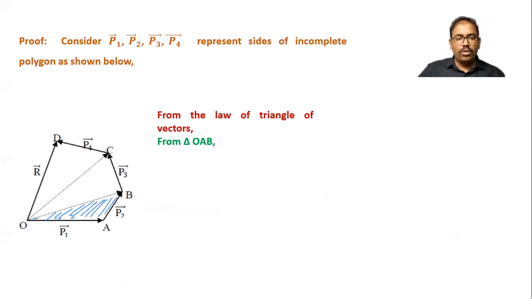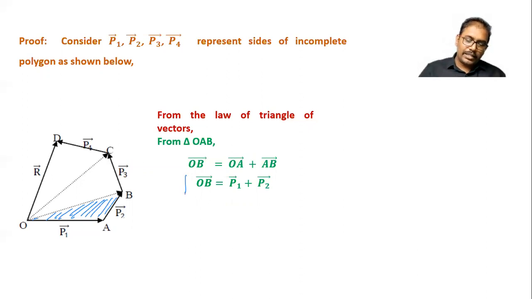From triangle OAB, OB bar is equal to OA bar plus AB bar. So this is OA and this is AB. We can write here OA is represented by P1 bar and AB is P2 bar. So we can write like this: OB bar is equal to P1 bar plus P2 bar.